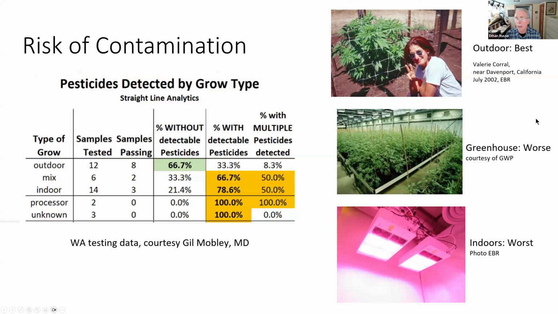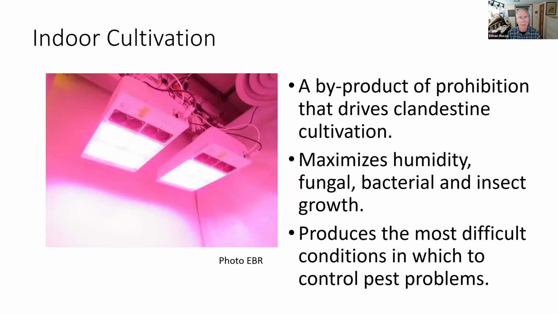There's the least likelihood of insects or need for pesticides. Greenhouse is a controlled environment, hopefully, but higher risk for pests and need for pesticides. Indoors, without supplemental light, it's got the most humidity. Bugs get in, and certainly molds are another risk factor.